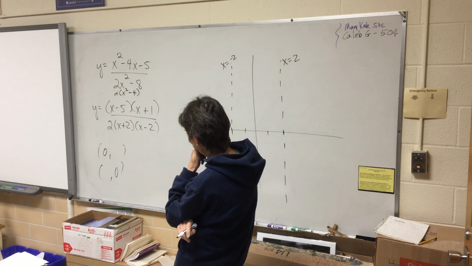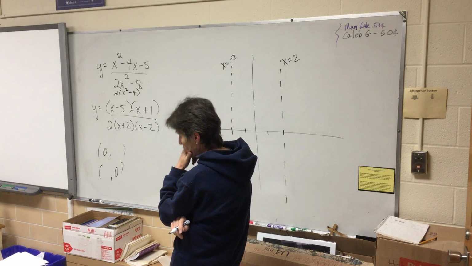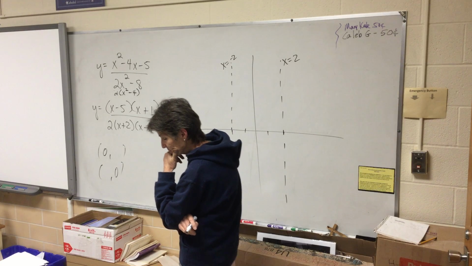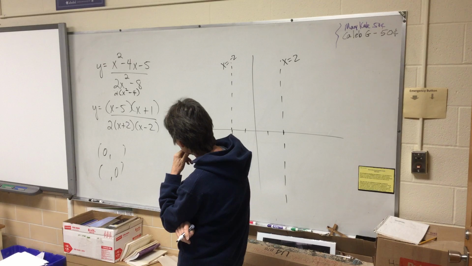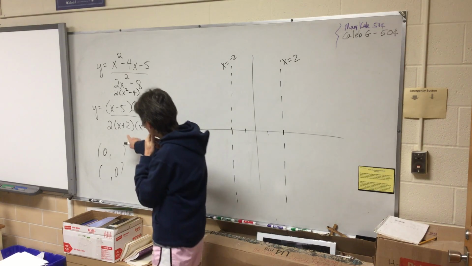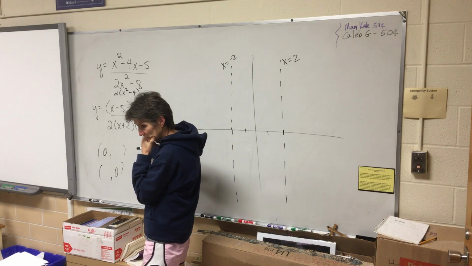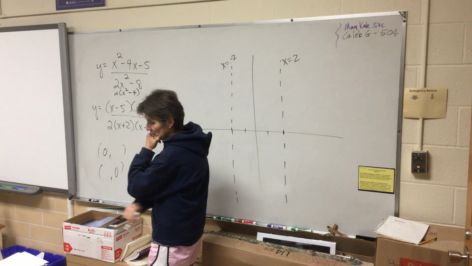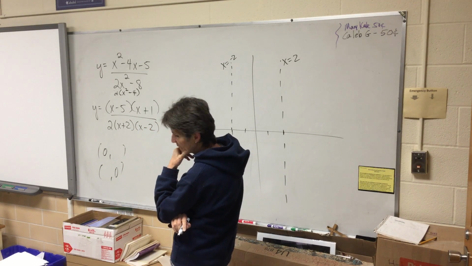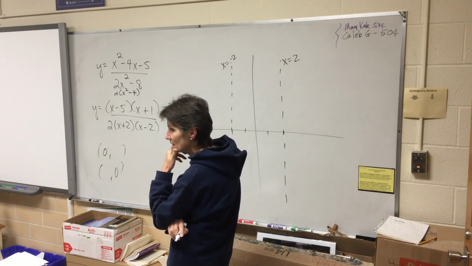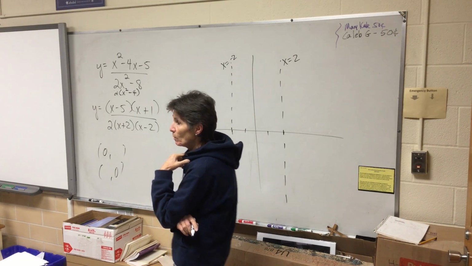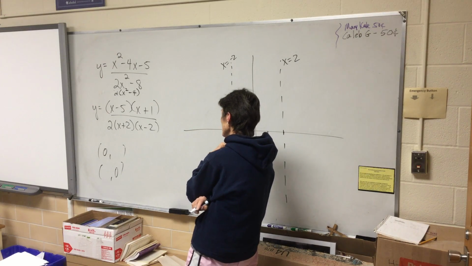Okay? Now, where's the horizontal? What? No, I had a question. How do you get negative 2 and 2? It's what makes the denominator 0. Oh, I see now. Yeah, you need to make a note of that. We learned that a long time ago, and it's time for us just to know that now. So make a note. Vertical asymptotes come when the denominator is 0.